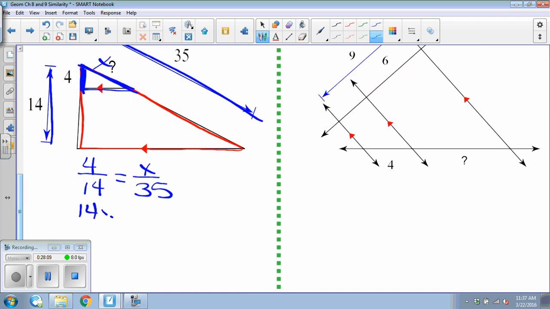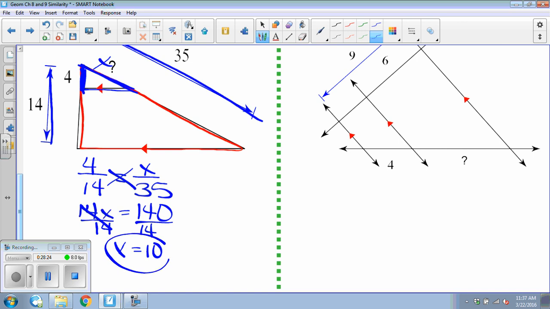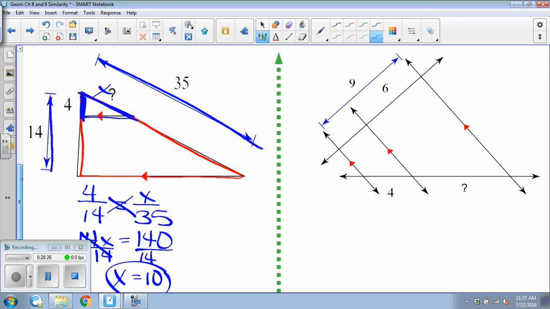So 14x equals 35 times 4, which is 140. So divide by 14, and x equals 10. Okay? So x equals 10.